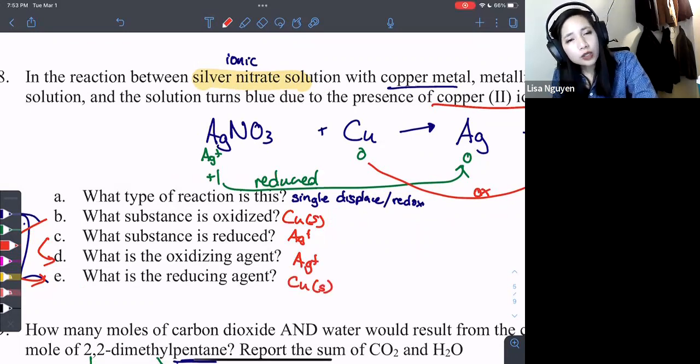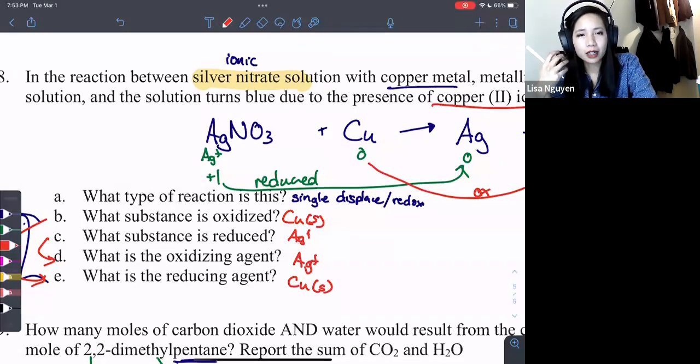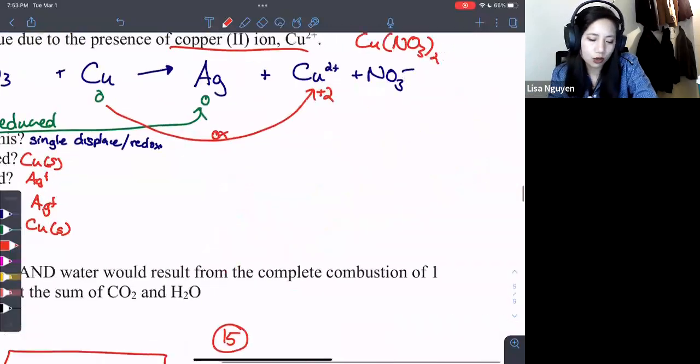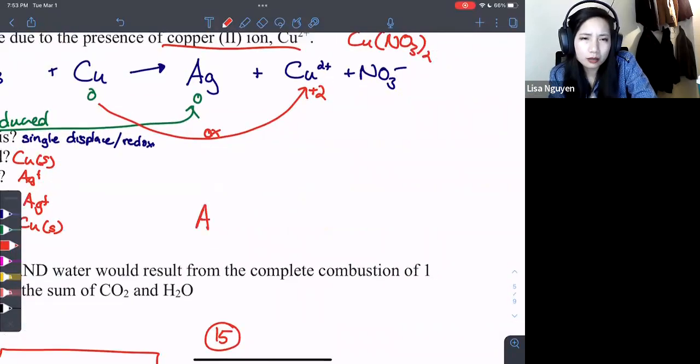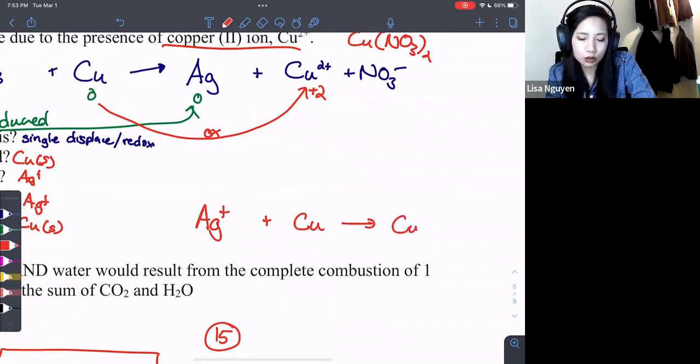All right, so this one's a little bit more difficult because I am giving you a statement. It'd be a lot more straightforward if I said something like Ag+ plus Cu gives Cu2+ plus Ag.